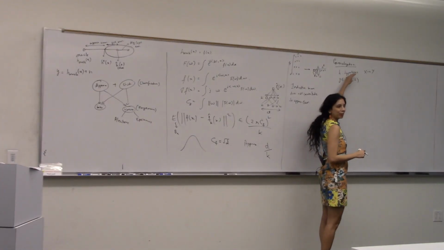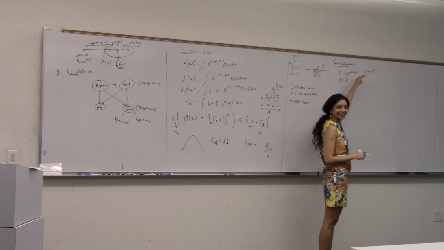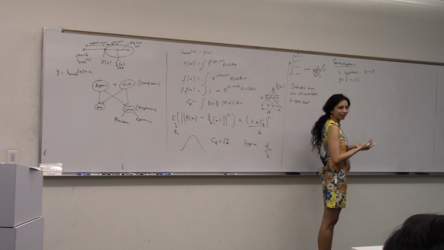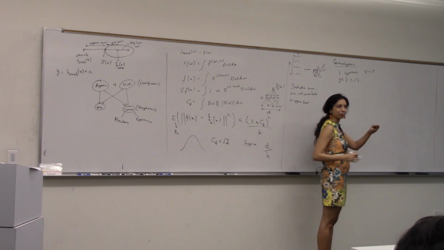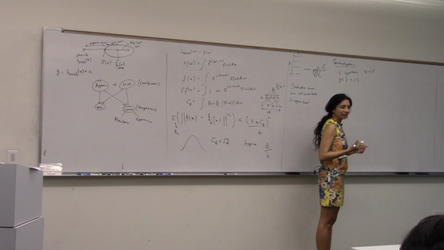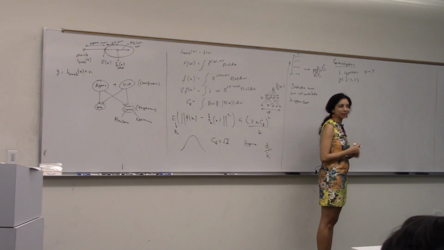I know we used hypothesis when it came to detection theory, and now we're back to the same notion. You have many different hypotheses, each one corresponds to a certain choice of classifier.